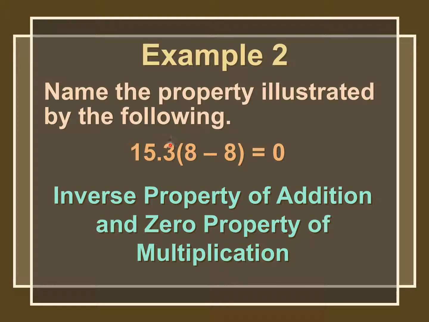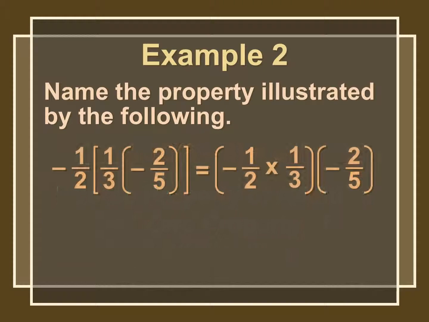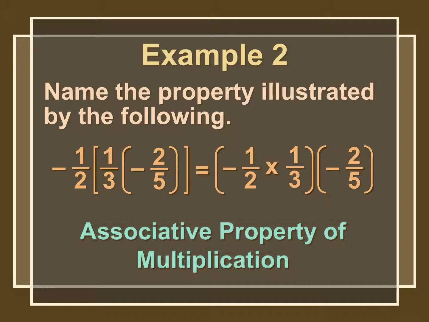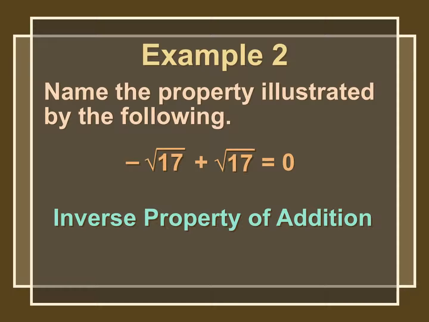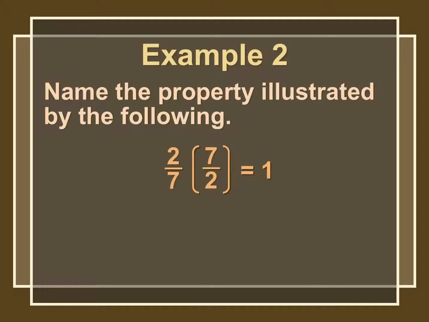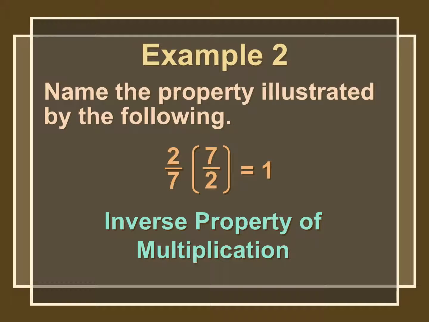And then since we're multiplying by 0, it's the 0 property of multiplication. Let's try this property. So for this one, we're changing our groupings, so that's the associative property. Okay, and so for this one, we're adding the opposite, so it's the inverse property. So for this one, we're multiplying by the reciprocal, so it's the inverse property.